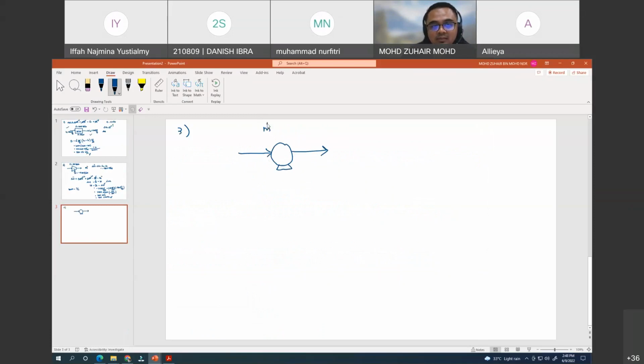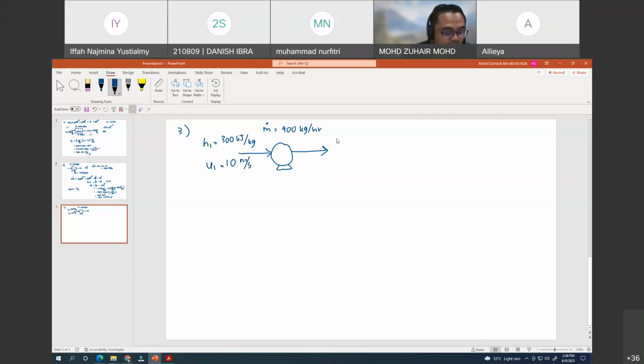The mass flow rate is 900 kg per hour, and H1, the specific enthalpy, is 300 kilojoule per kg, while the velocity, small u1, is 10 meter per second.